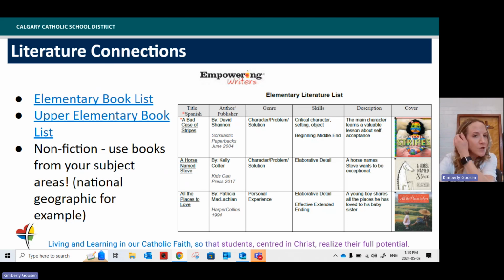So I have the elementary book list and the upper elementary book list that are linked here. And so you can go through if you're looking for specific mentor texts on really showing, for example, suspense or looking at dialogue or any kind of those concepts that are inside those Empowering Writers guides. This is a great list to start with for our teachers.